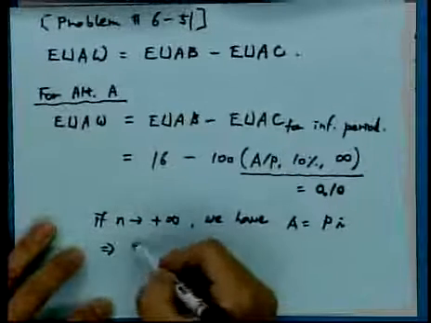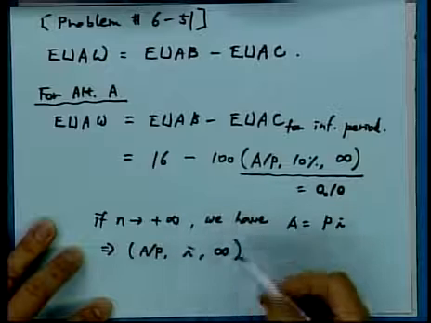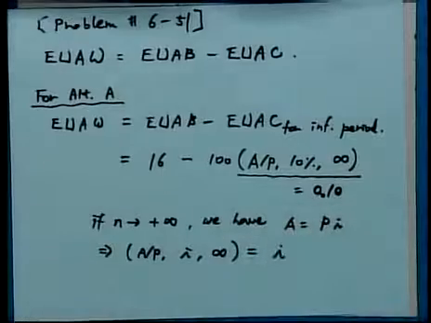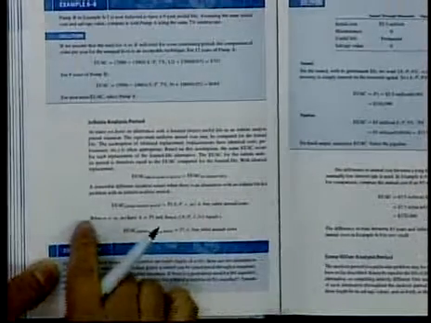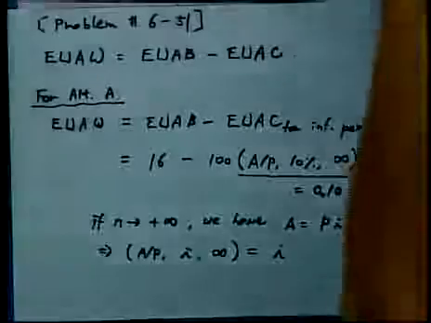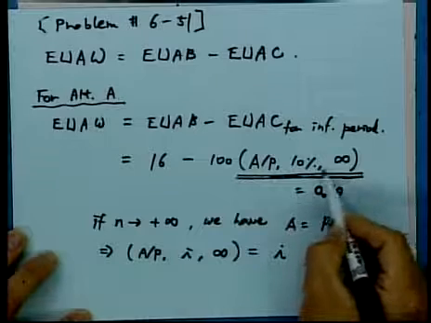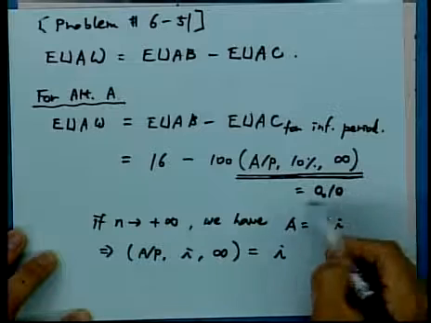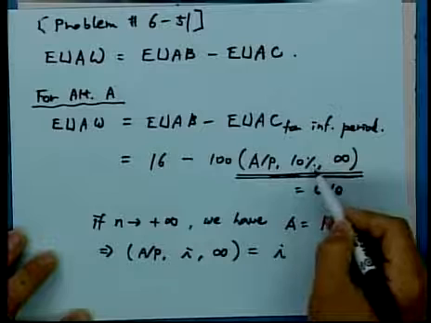So A given P, i over plus infinity equals i. Okay? So it says so right here. That's why up here, A given P 10% over plus infinite analysis period becomes 0.10, which is the value of i up here. Okay?